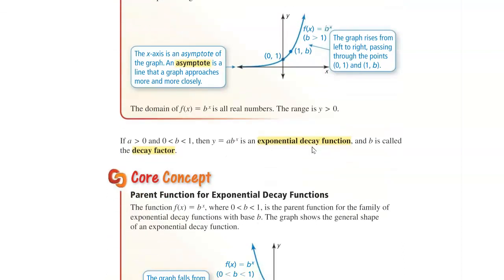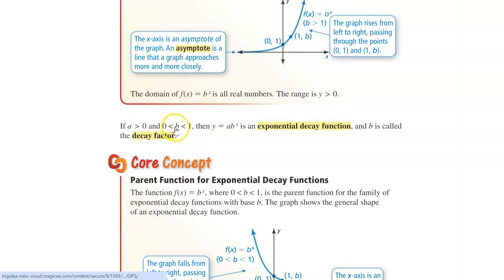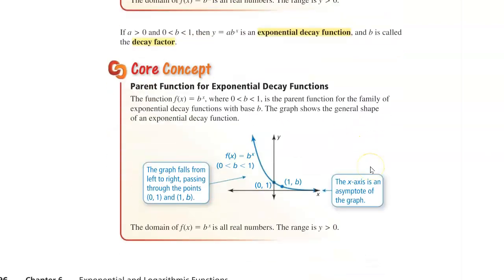Okay. Now, the next thing is what happens when b is a fraction between 0 and 1. That's called an exponential decay function, and b would then be called the decay factor. Same thing here. The only difference is, a fraction would determine what you multiply 1 by to get to b.